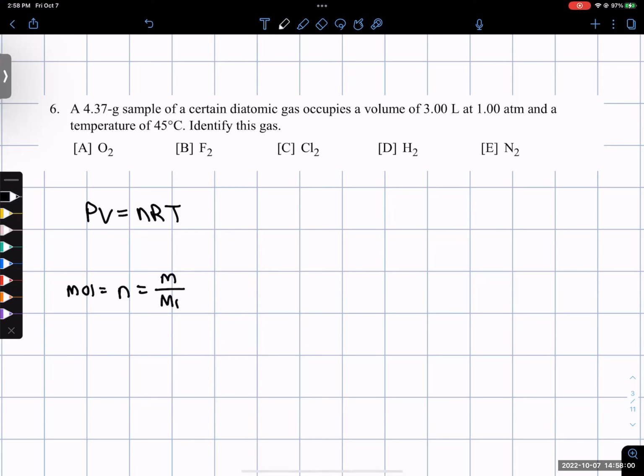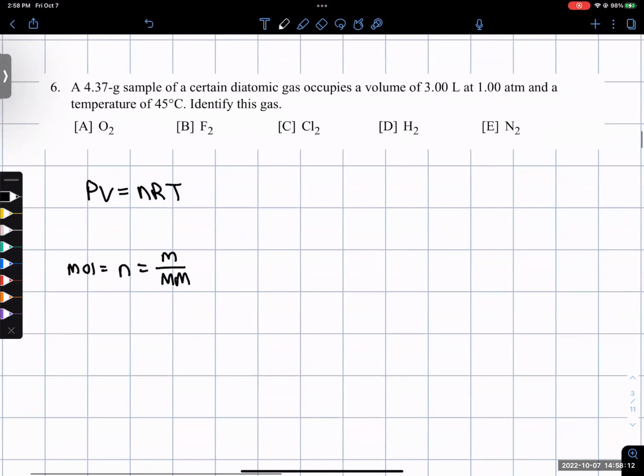We all agree on that, right? That's something we learned at the very beginning. If you want to find the moles of something, you take the grams and divide by its molar mass. Since we have an n in this equation, let's go ahead and plug this in here.